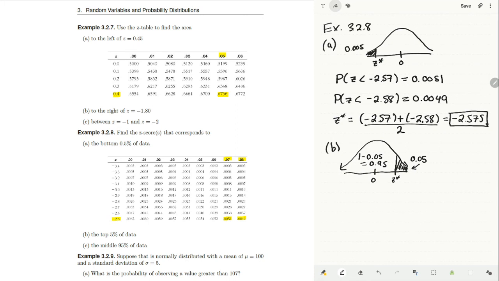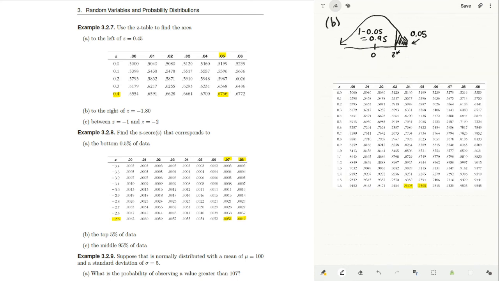So what we want to do is look for the two closest values to 0.95 inside of the z-table. So looking inside of the z-table, the two closest values are 0.9495 and 0.9505. So now let's write down their corresponding z-scores.